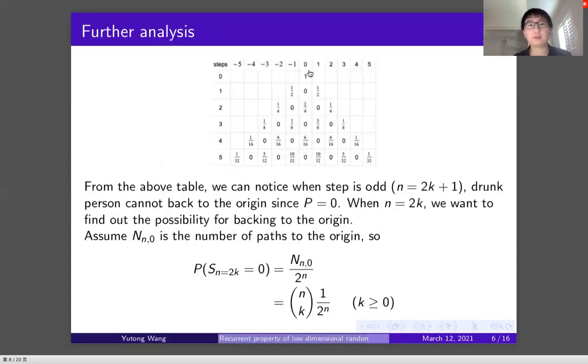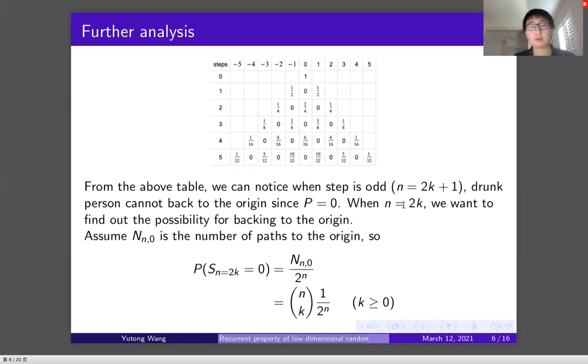As you can see from the table here, each step is a column and the distance is a row. Whenever step n is odd, like 1 or 3, the probability of getting back to the original point is always 0. Only when n is an even number, when n equals 2k, can we find the probability of getting back to the origin.